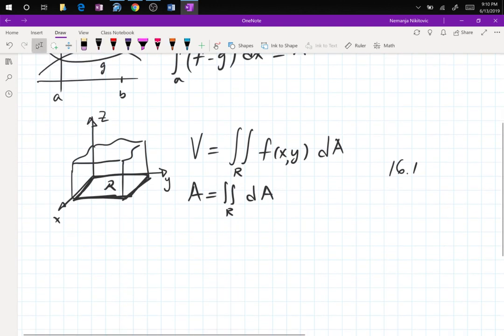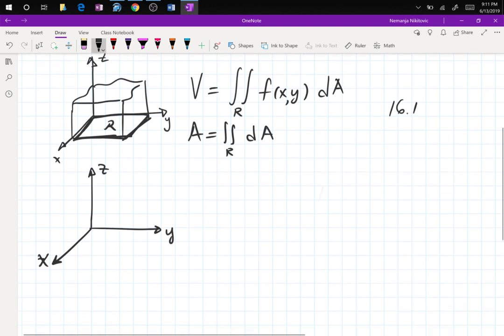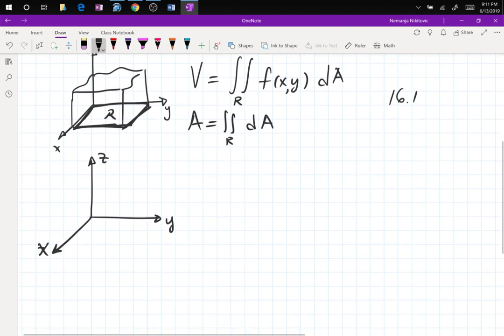And then we said, well, you know what, we can have any kind of region. So let's say you have half a circle that goes into something like this.